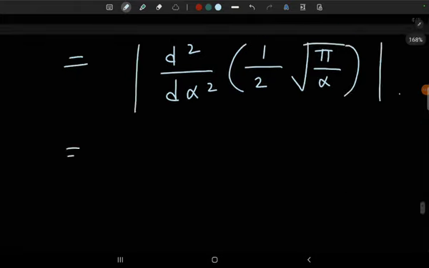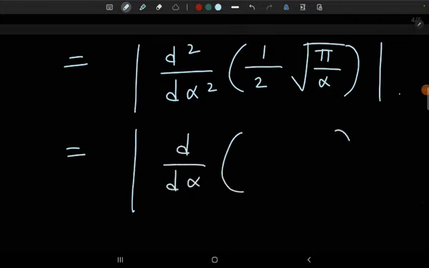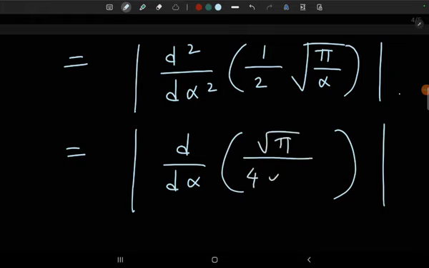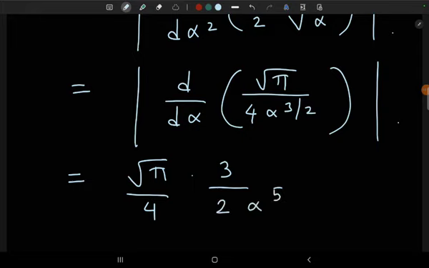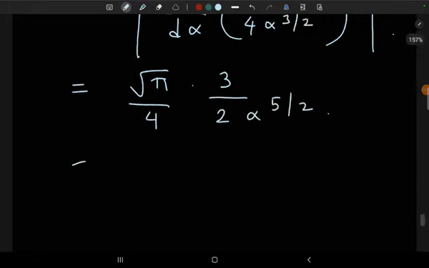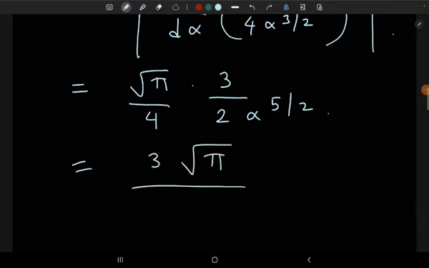Again we will be jumping a few steps. The first derivative was root pi by 4 alpha to the power 3 by 2, and we shall take root pi by 4 as common, and we had 3 by 2 alpha to the power 5 by 2 in the denominator, and this came out to be 3 root pi by 8 alpha to the power 5 by 2.